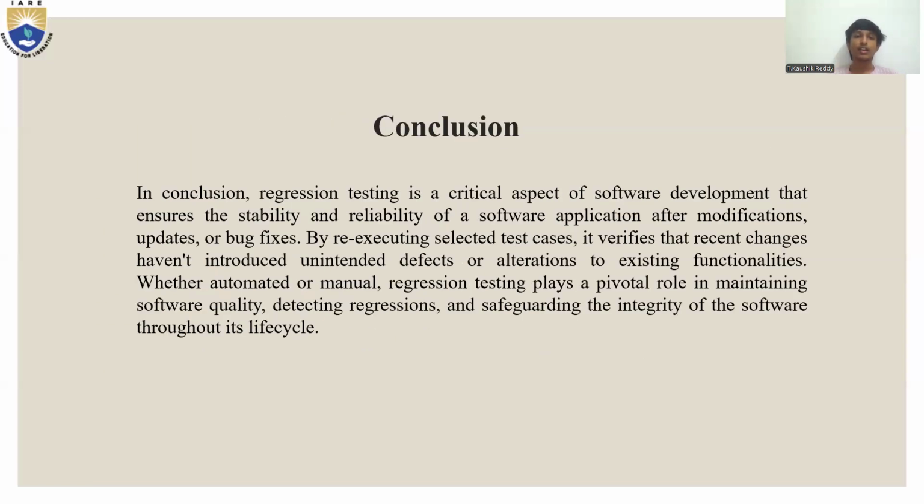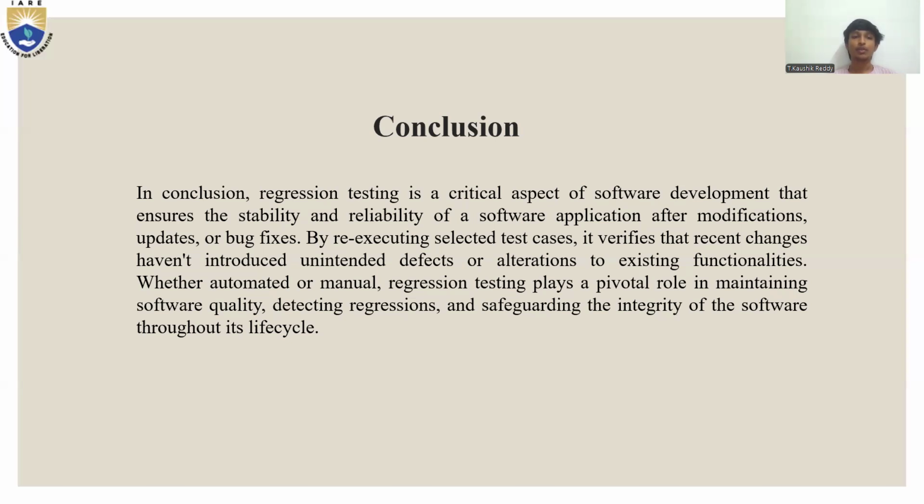So the conclusion. Regression testing is a critical aspect of software development that ensures the stability and reliability of a software application after modifications, updates, or bug fixes. By re-executing the selected test cases, it verifies that recent changes have not introduced unintended defects or alterations to existing functionality.